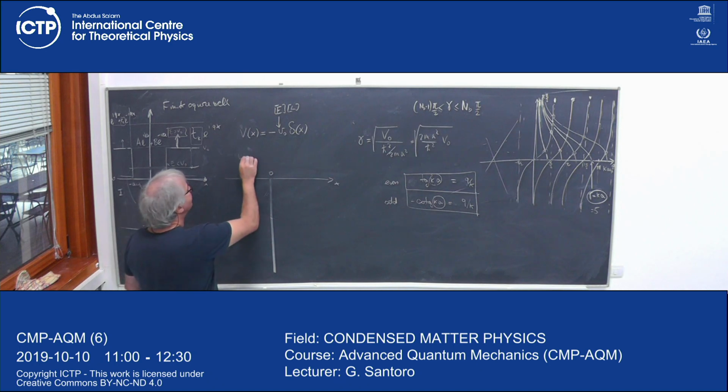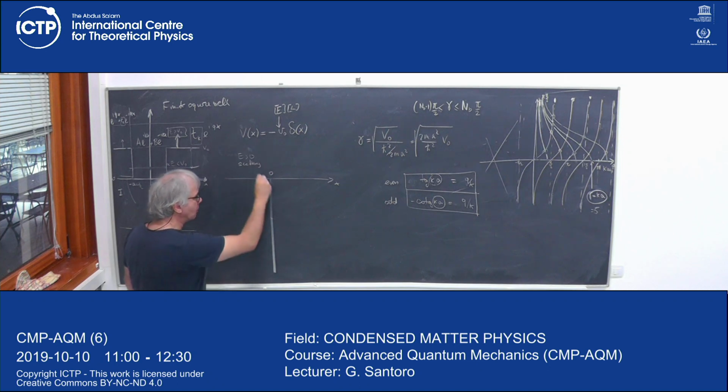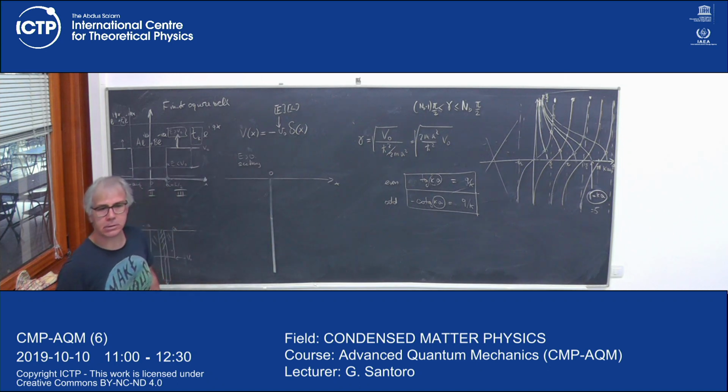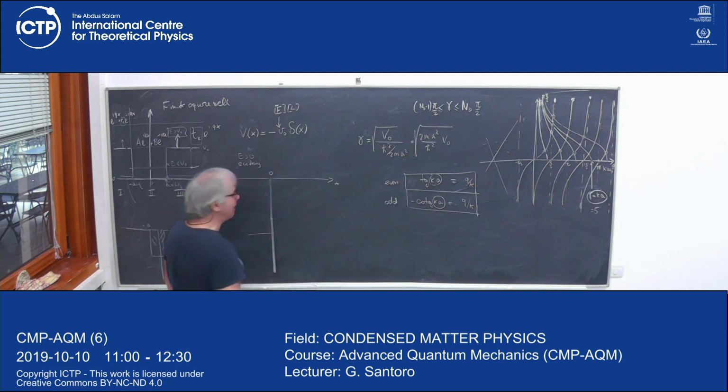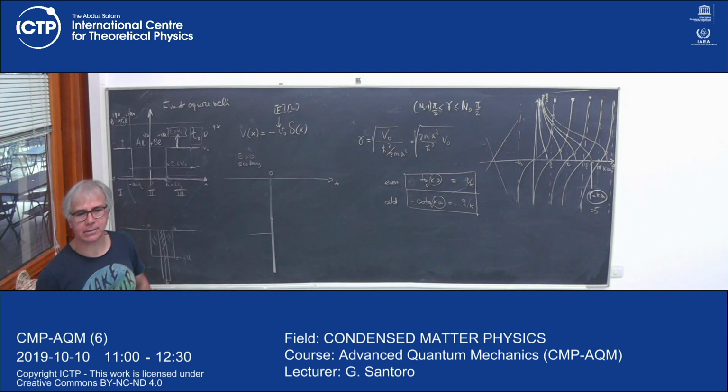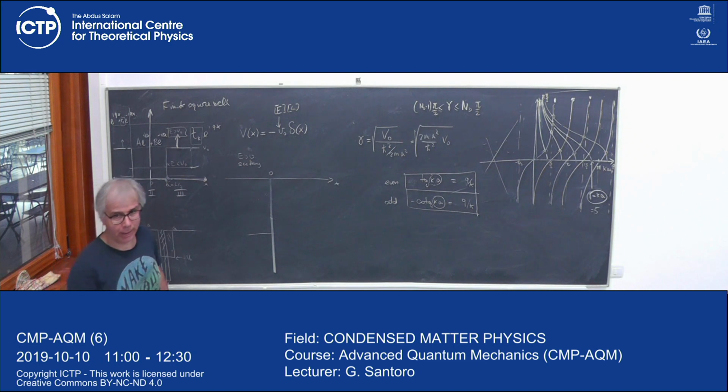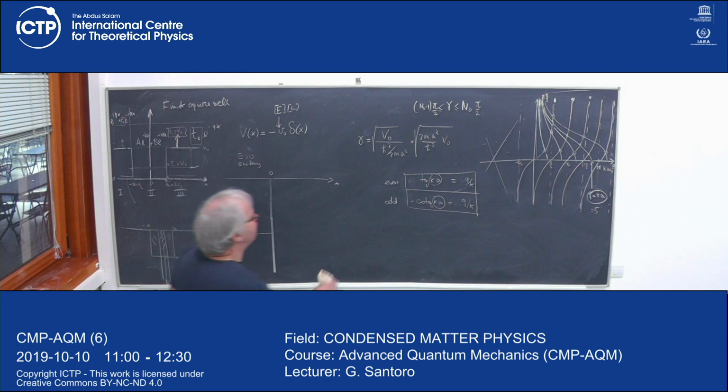And in fact, for E greater than 0, I will have scattering solutions. But what about E negative? Can I have somewhere a bound state? That's the question. Okay? Or more than one bound state. We'll see there is only one. How do we determine it? Okay.